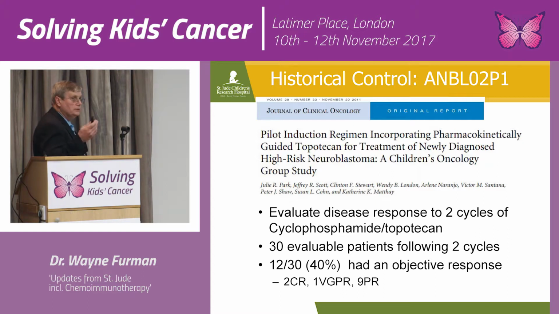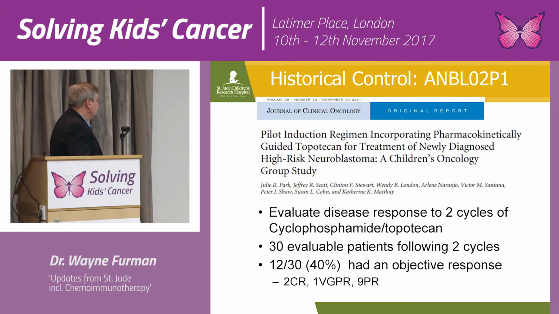And as we've heard, they've had a lot of work in MIBG, and that was going on. So the next best thing is what we call a historical comparison trial, in which we look at a group of very similar patients that have been treated in the past with identical therapy, and say, if we tweak this treatment by the addition of our antibody, can we improve what we call objective response rate?